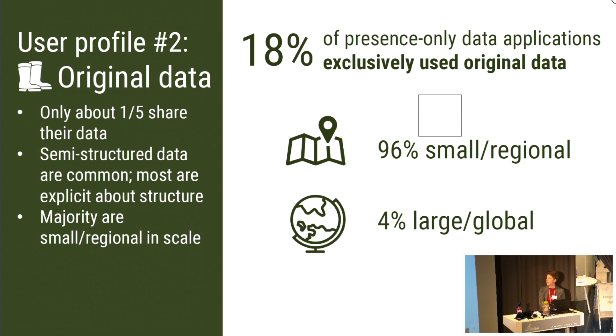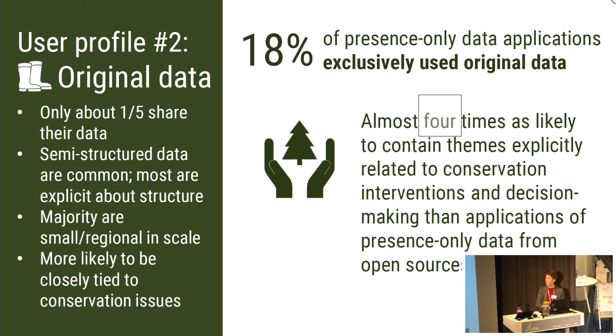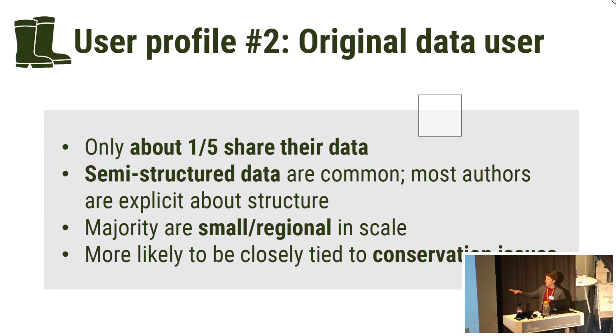And nearly all of them were small or regional in scale. On a potentially related note, these studies were almost 4 times as likely to contain themes that explicitly related to conservation interventions and decisions than applications of similar data from open sources. Kind of sums up the profile that we're looking at here.